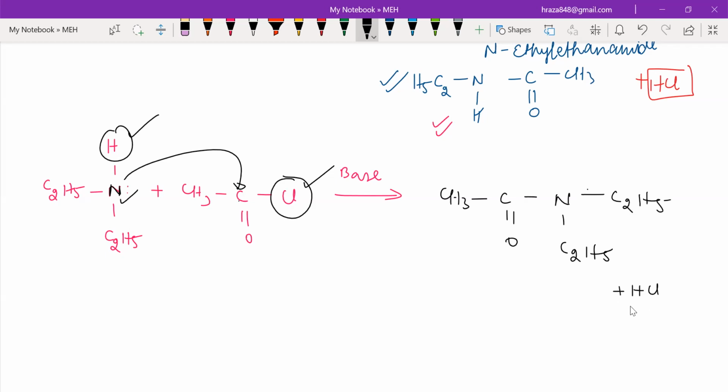This is what I told you. Just remove this chlorine and hydrogen from nitrogen and combine nitrogen with the carbon from where chlorine is removed. Got it? Yes, sir. And its name is N,N-diethyl ethanamide.